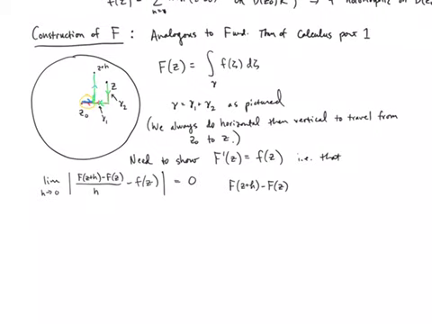The key thing now is that I'm going to insert another point here, which is at the same vertical level as our point z. So we just added an additional stop at this black point on this green curve.